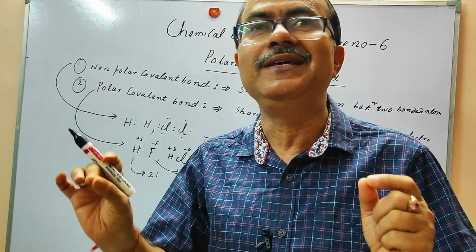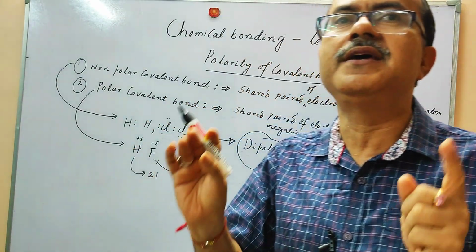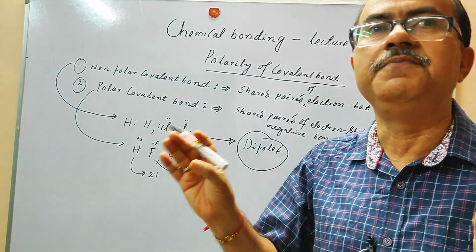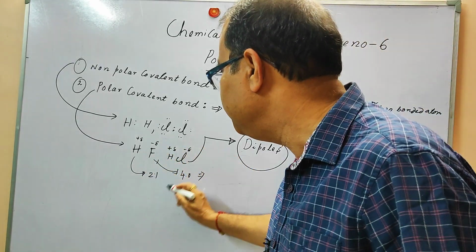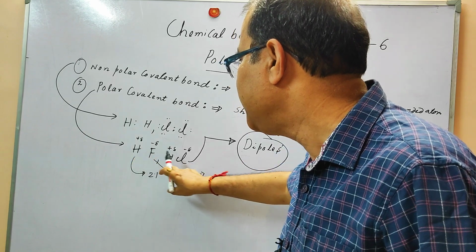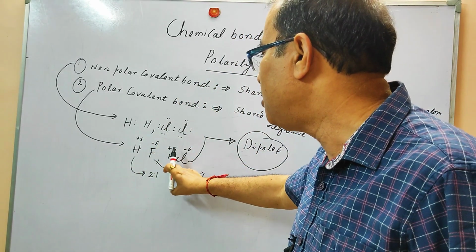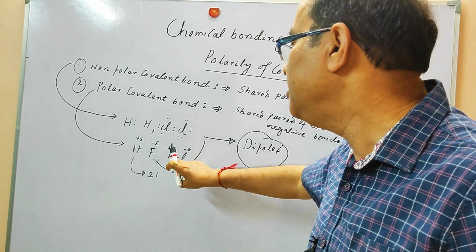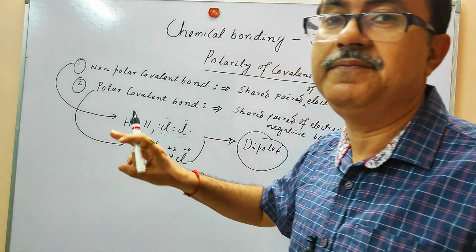Not all covalent bonds are equally polar; there is a gradation depending on the difference in electronegativity of the elements. So the HF bond will have higher polarity, and the HCl bond will have slightly lower polarity, because the electronegativity difference is less there and higher here.